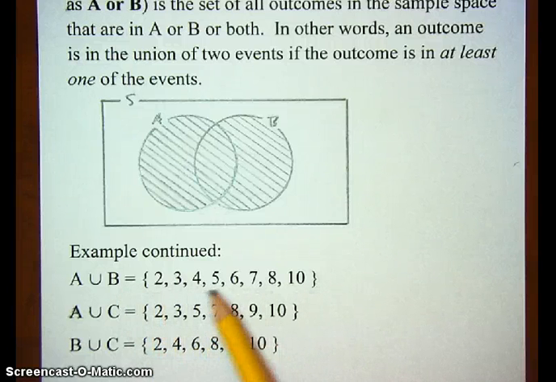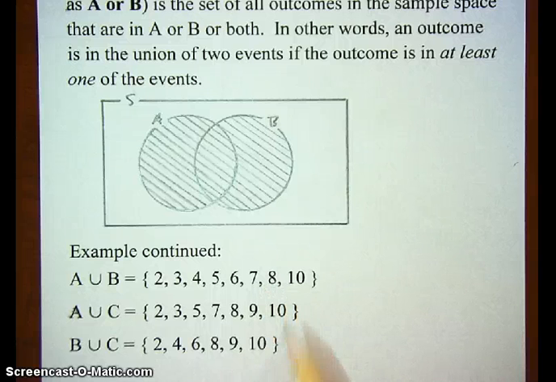It contains 2, 3, 4, 5, 6, 7, 8, and 10. Not 1, not 9, but everything else in the sample space. And then we have event A union C, or A or C. That contains the 4 prime numbers, 2, 3, 5, and 7, plus the 3 numbers that are greater than 7, 8, 9, and 10. And that contains 7 outcomes.